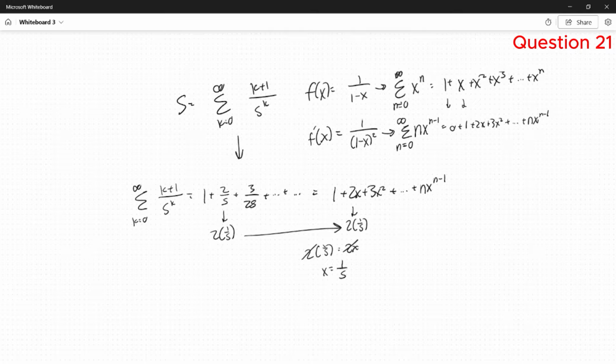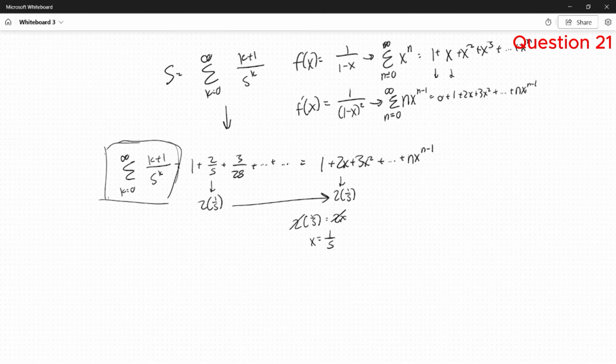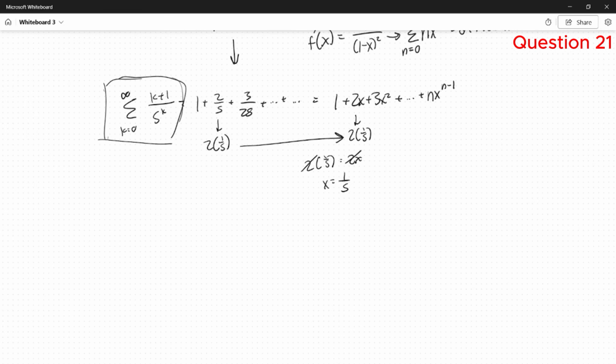And then we can plug it into f prime of x to determine the full sum of this series, since the series representing f prime of x and this series we see on the left equal to S are equal. So let's do that for our final step.